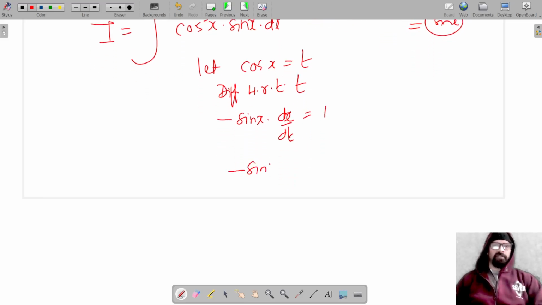So this is negative sine x into dx equal to dt, or I can write sine x into dx is equal to negative dt.